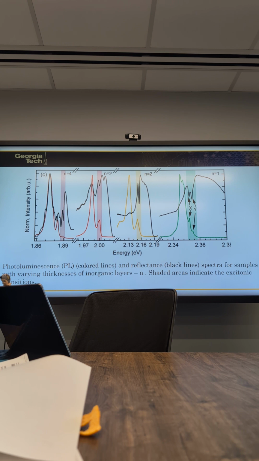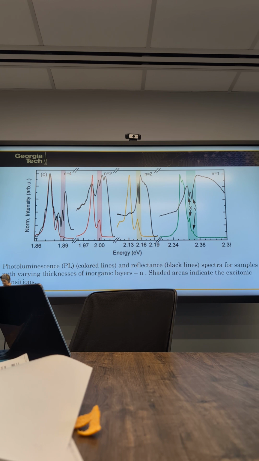And also, when we use one layer, n equals 1, we have X and Y peaks, a really clear X and Y. They are trying to characterize these states, these new energy levels that you create with the 2D perovskites. And that's why they make this plot.